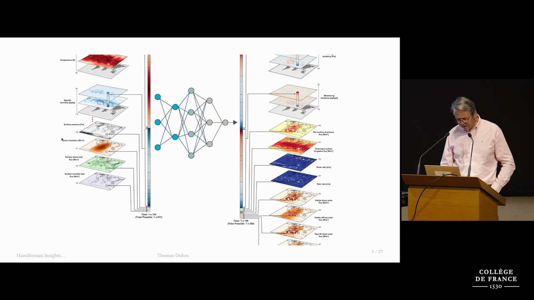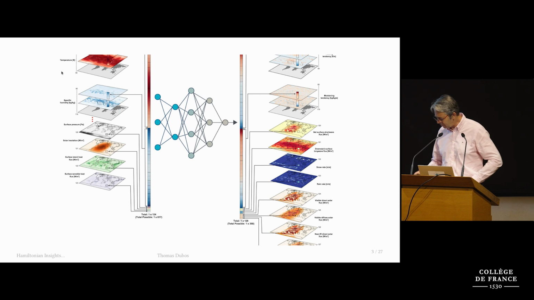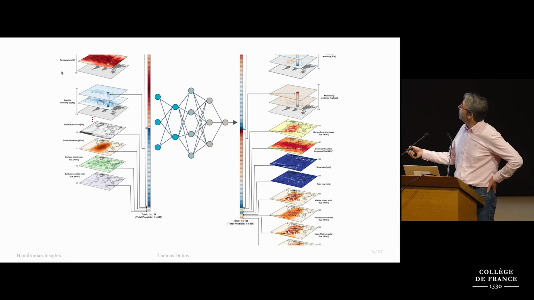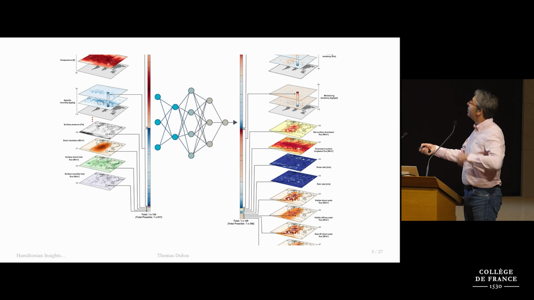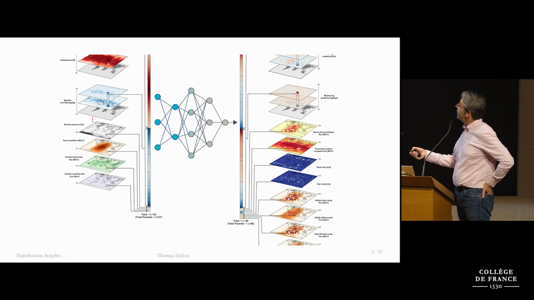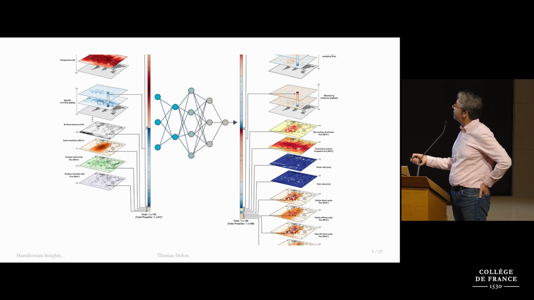Interestingly, they define this basic learning problem as: I give you, for every point on the planet, a column of specific humidity and temperature, all presented as independent columns.